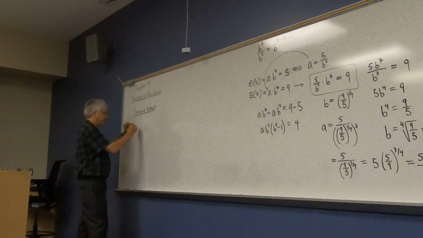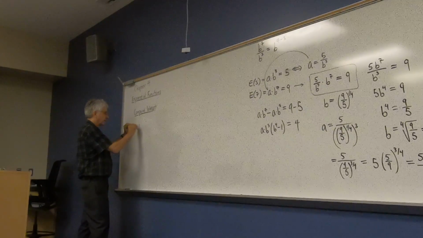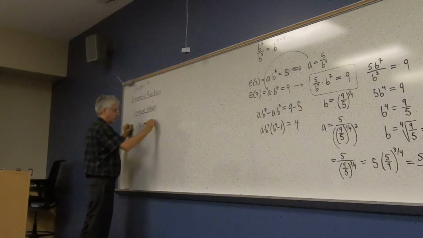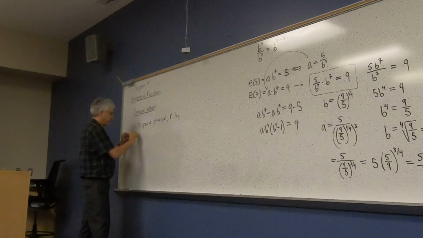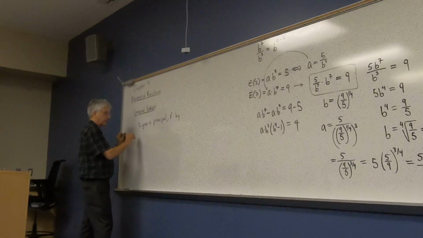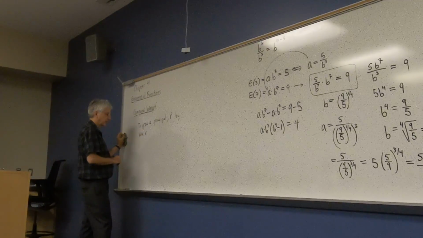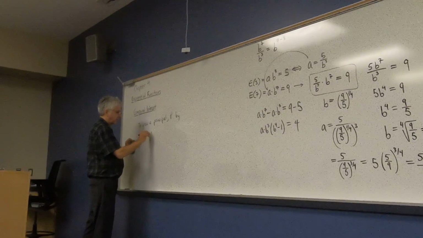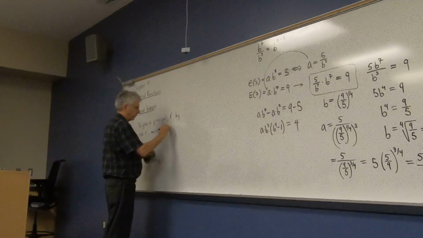So if we want to grow something by R%, what do we multiply? To grow principal, let's call it P, by rate R, I'm not going to say R%, I'm just going to say rate R, multiply by 1 plus R, right?